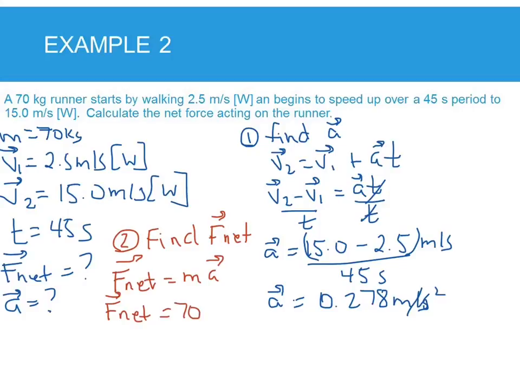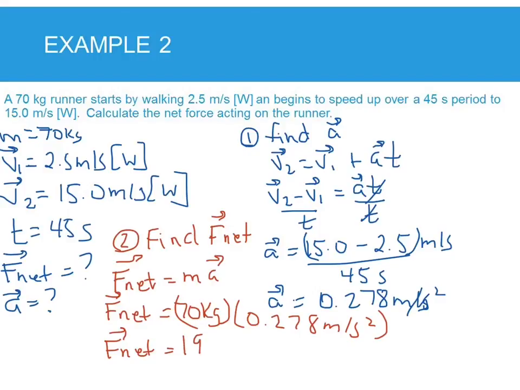We have our mass of 70 kilograms, and then we just calculated our acceleration. Sorry that it's kind of getting a little messy there. And we want to round so that we have 2 sig figs. So when you do that, you get 19 newtons. And then we always want a direction. And so our velocity is in the west direction, which means our acceleration, we should have written down west.